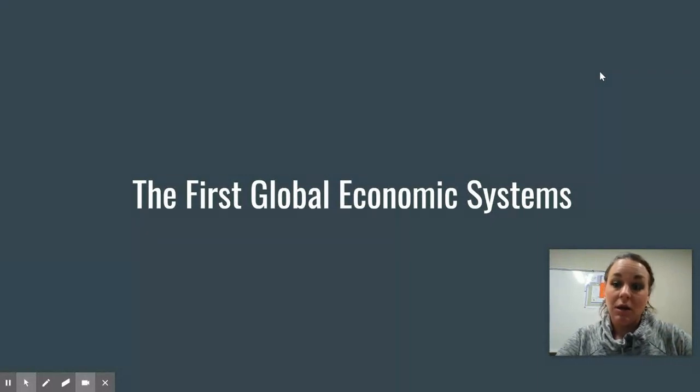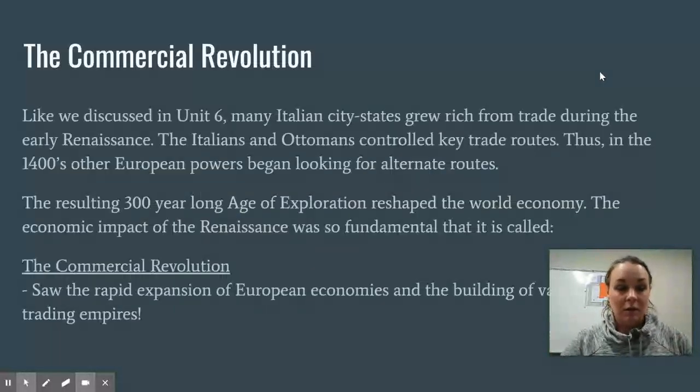So again, it is a unit of extremes. And today, when we are talking about the economic impact, this is the positive side of the coin for Europe, and looking at how this affects the world globally. And so today is more of the positive side of it.